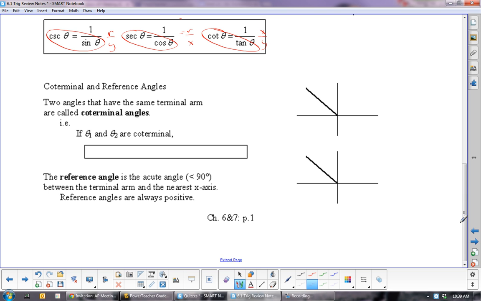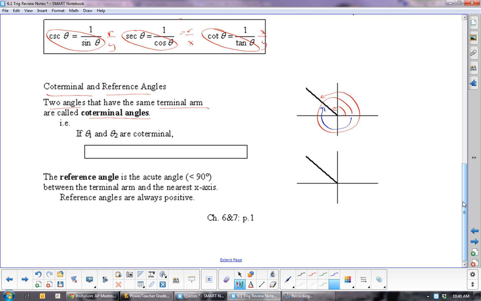Coterminal and reference angles. Okay, coterminals are 2 angles, actually an infinite number of angles, that have the same terminal arm. So if you had this angle or this angle, as well as this angle, since they all stop in the same place, they are coterminal.